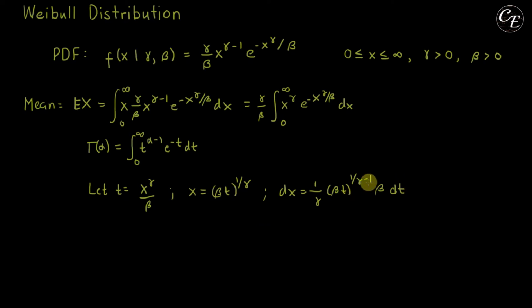Then let us substitute this in here. So we'll get for the mean, gamma over beta, then integral of, for x, let us use this. Then since this is raised to gamma, we have here times gamma. Then e raised to negative t. For dx, let us use this, so we have here 1 over gamma.